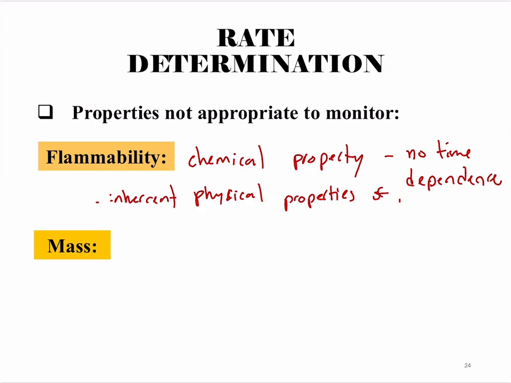Another thing that can be useless for us is mass, and so does anyone know why mass might be useless for a chemical reaction? It's why we balance chemical reactions.